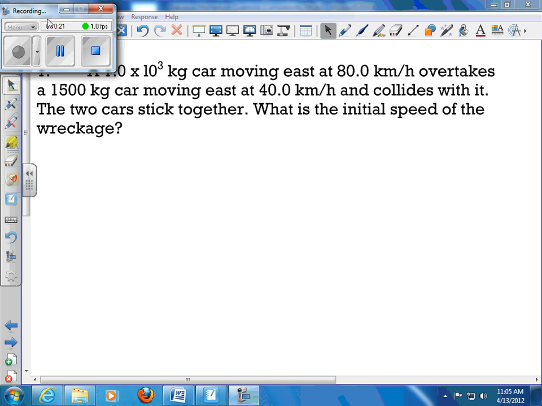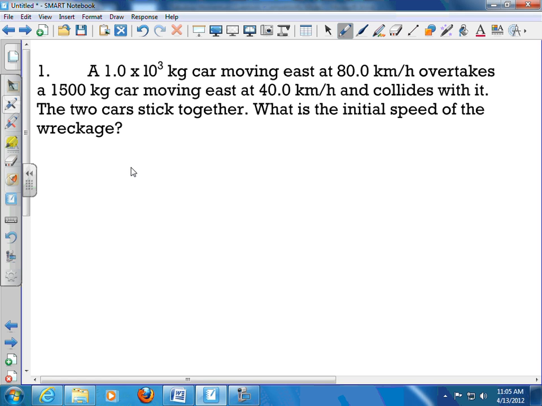So we've got to find our initial momentum. Okay, our initial momentum is equal to our m1 v1 plus m2 v2. In this question, we don't have to convert our units because it's all the same.